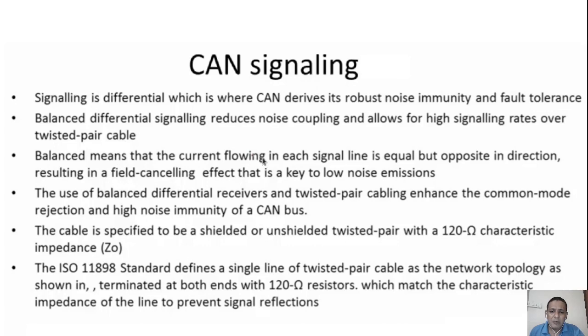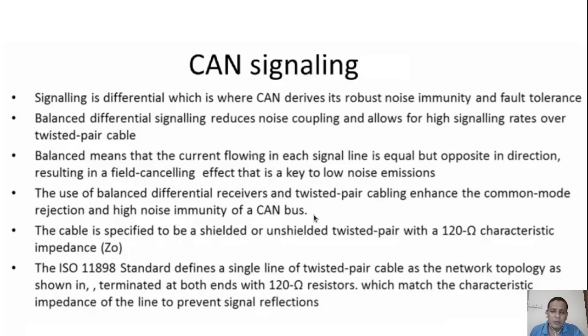Balanced means the current flowing in each signal line is equal but in opposite direction, resulting in field cancelling. So there will be a noise cancellation effect. The use of balanced differential receivers and twisted pair cabling enhances common mode rejection and gives high noise immunity for a CAN bus.